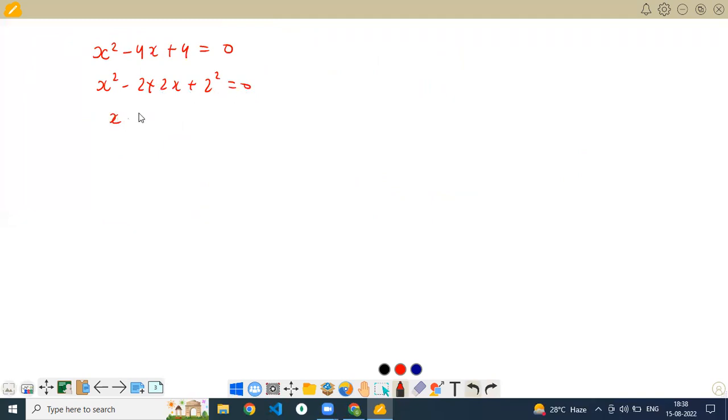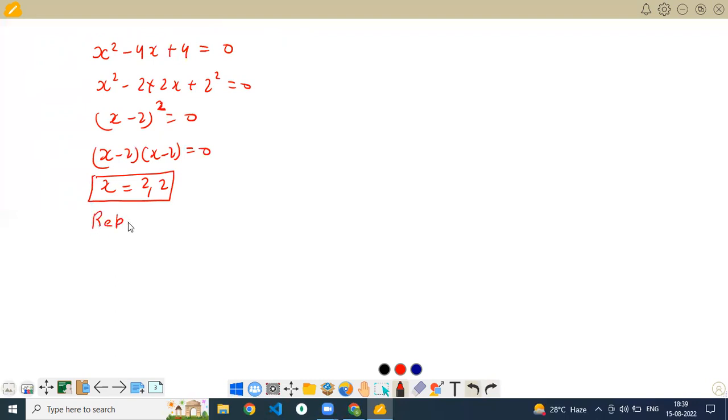You can say this is x minus 2 whole square is equal to 0. Whenever you are able to make a perfect square, because it's a quadratic equation, we should always have two roots. So we say this is x minus 2 multiplied by x minus 2 is equal to 0. We say the two roots are 2 comma 2.